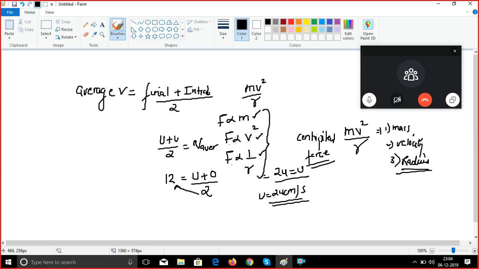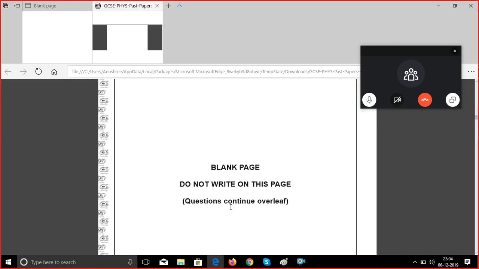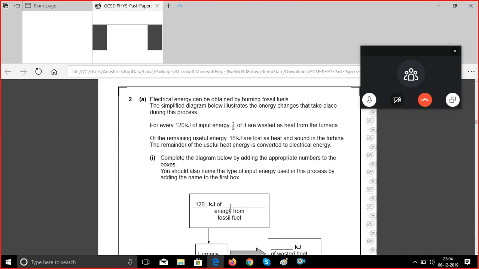Right. So the next question, number 2A. Electrical energy can be obtained by burning fossil fuels. The simplified diagram below illustrates the energy changes that take place during this process. For every 120 kilojoules of input energy, two-thirds of it are wasted as heat from the furnace.